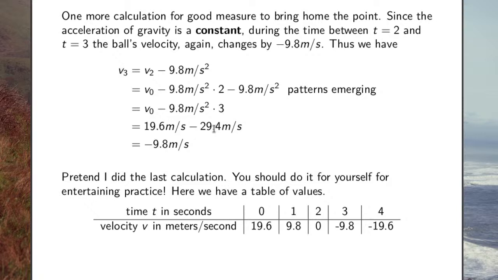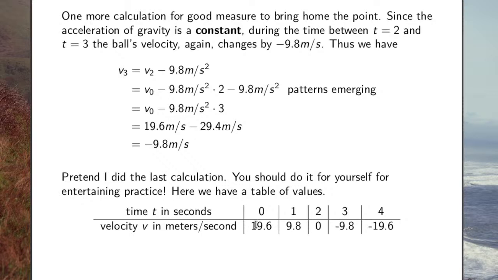So again, we get the same pattern, right? It's the initial upward velocity minus this 9.8 meters per second times the number of seconds since the ball was thrown. And we can see that this pattern is going to continue. This velocity just keeps changing by negative 9.8 for every second that passes.